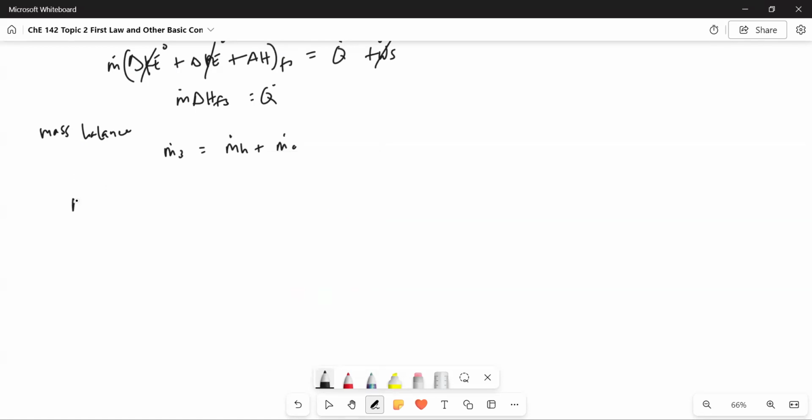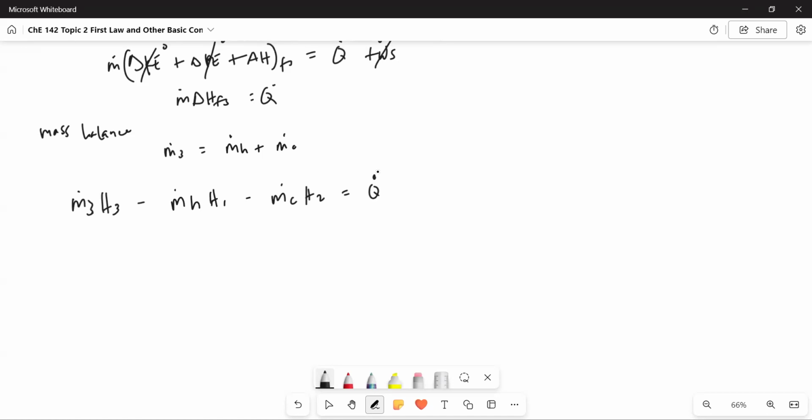So the mass at the outlet times the enthalpy of the outlet, m3 h3, minus the mass of the inlet hot stream times h sub 1, and minus another inlet, the cold stream, equal to Q.